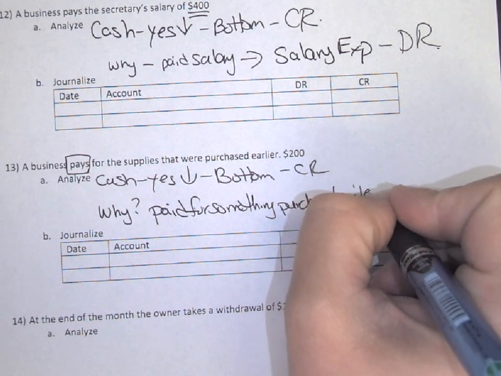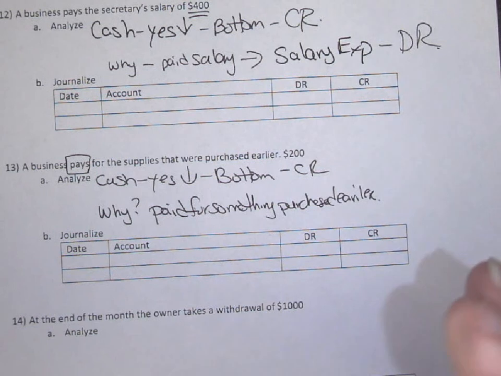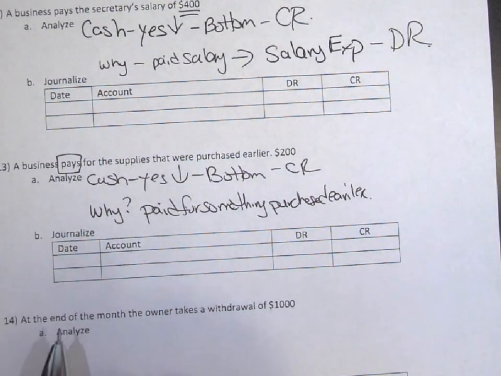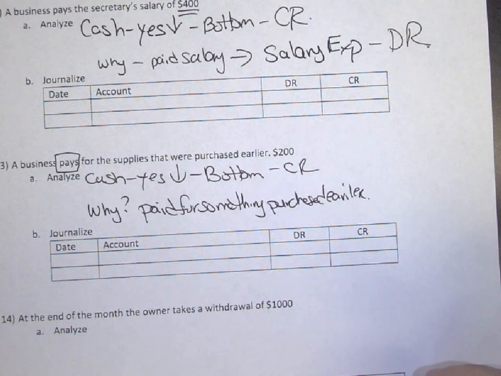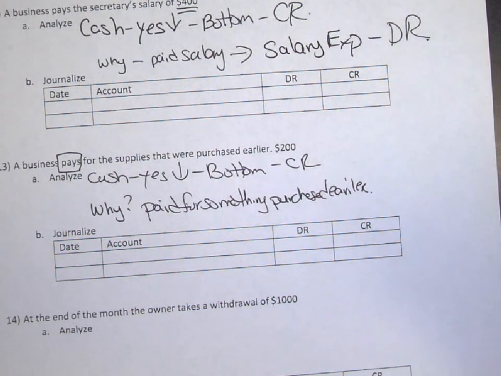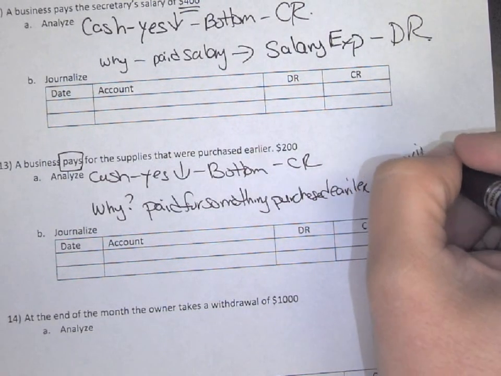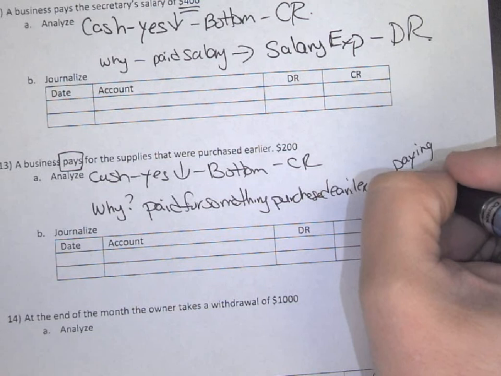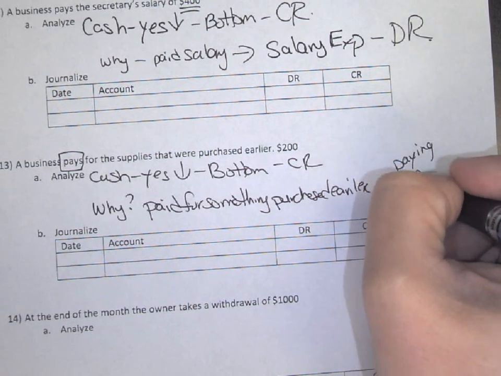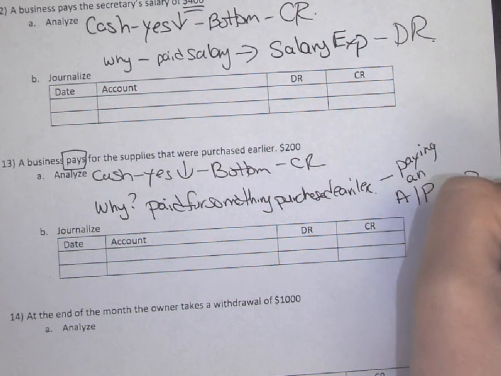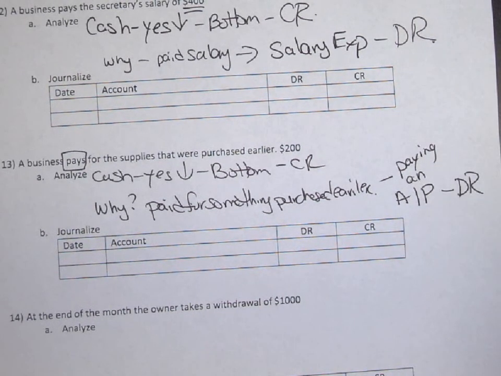So did we purchase this now? No, we didn't purchase it now. We bought these supplies earlier in the month on credit. So now we're paying off that amount, which means we are paying what? We are paying an accounts payable balance. So accounts payable would be our other account, and that is our debit.